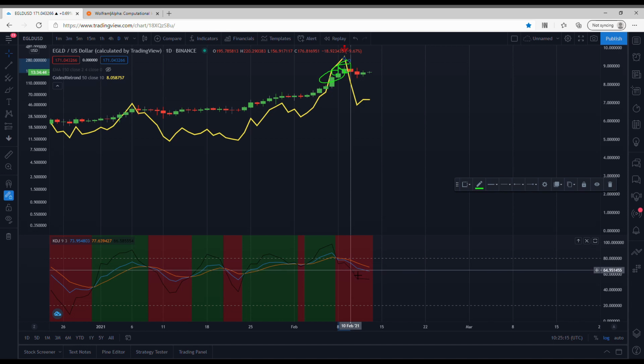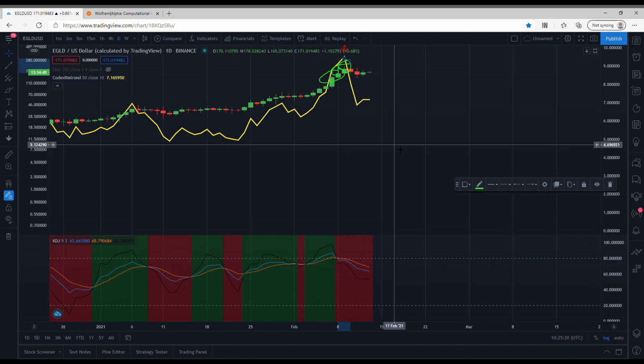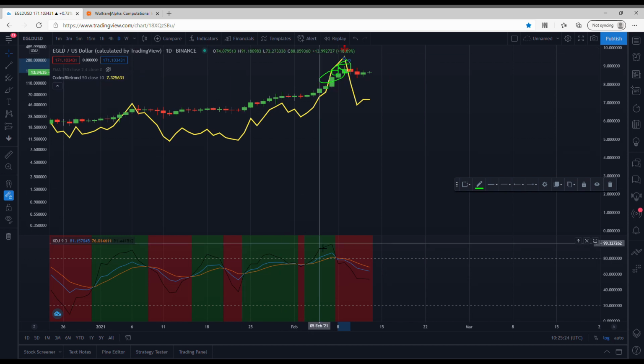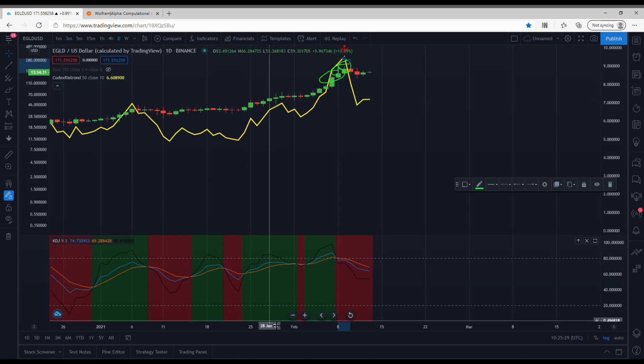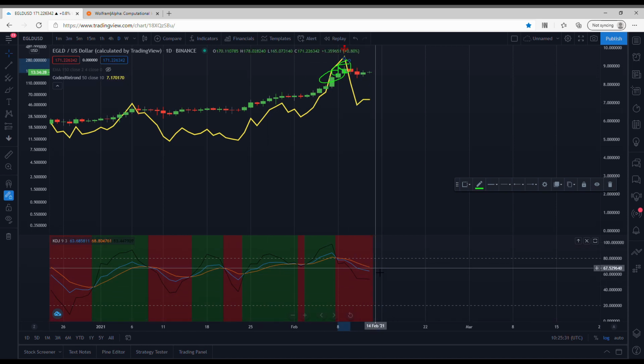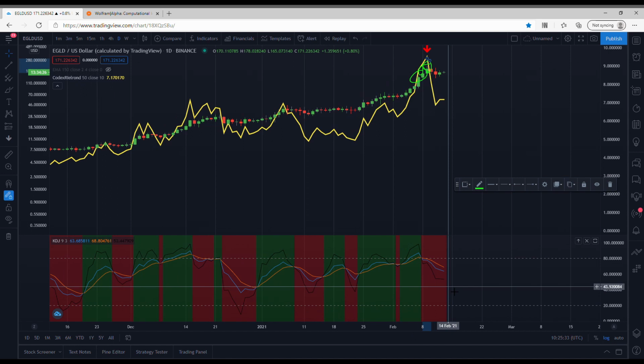So we still have downward pressure here. On the weekly, we still have a bit of upward pressure, but on the daily we have downward pressure. We can bounce back, we can definitely bounce back, but the probability of it going down and having another pullback of 10-20% with Elrond is higher than it bouncing back.